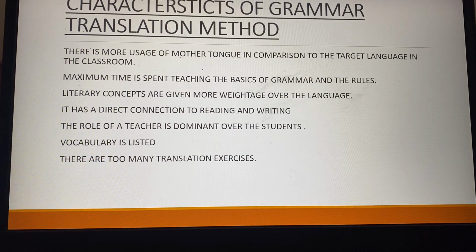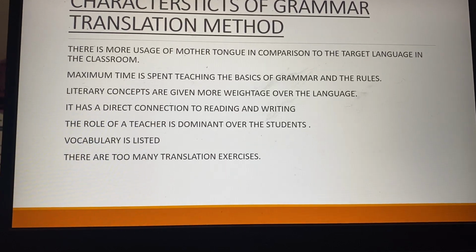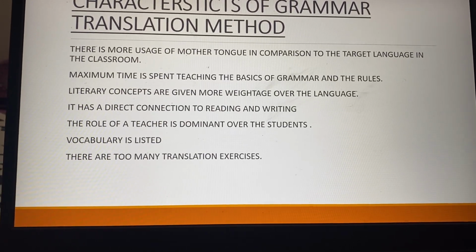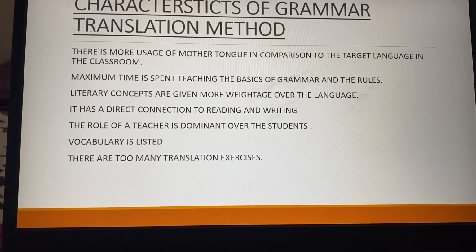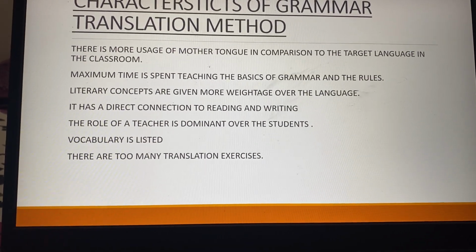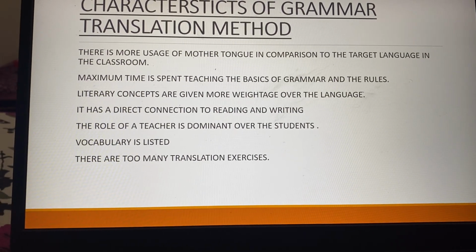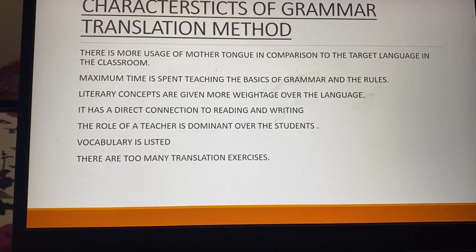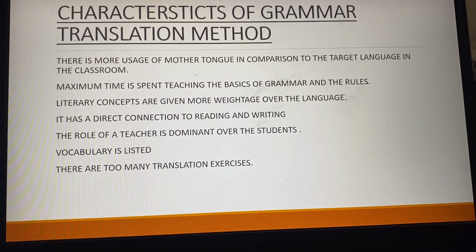Vocabulary is emphasized. Basically, a list of words is provided by the teacher, wherein the students' effort is to cram that list, no matter whether they are practically able to use it or not. They have to start from cramming things like grammar rules and vocabulary words.